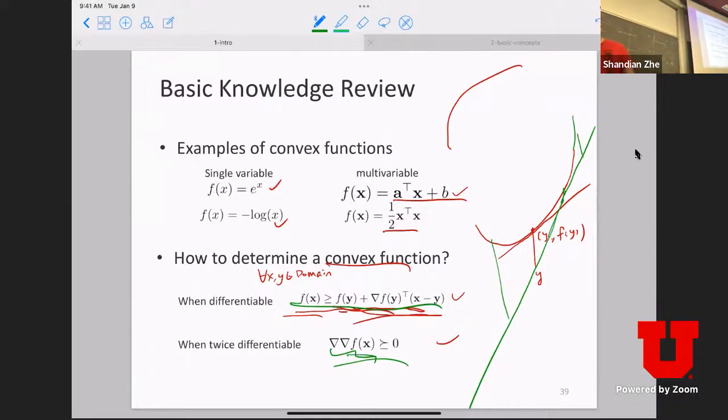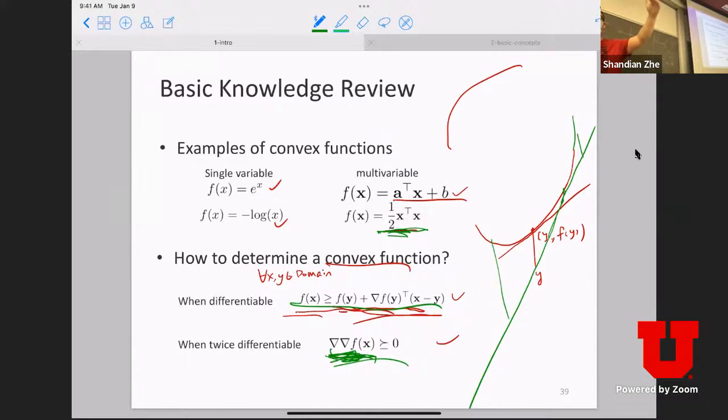So you can use this condition to immediately check this quadratic function, half x transpose x. What's the Hessian of this function? Give me a guess. No, it's a Hessian matrix, it won't be one. But f of x is a scalar, x is a vector, so the gradient of f of x is a vector.